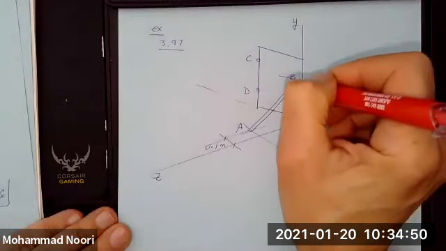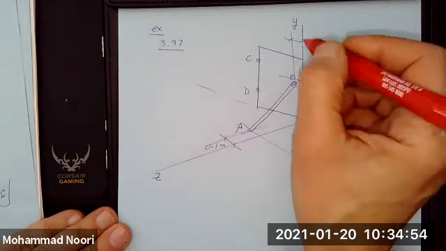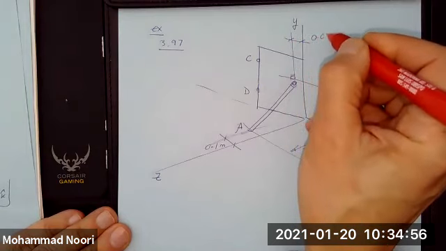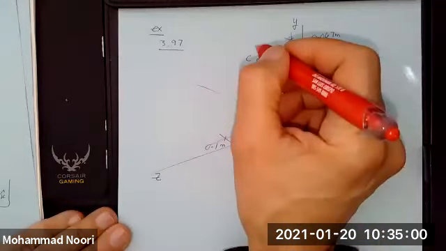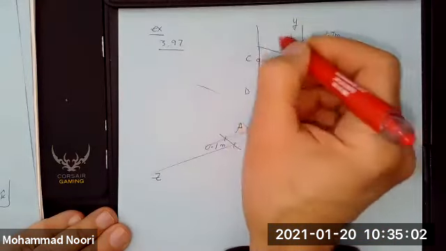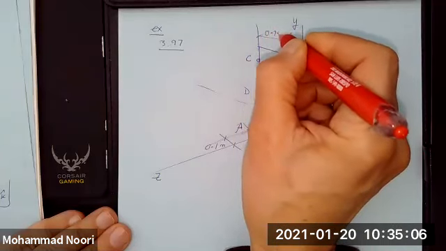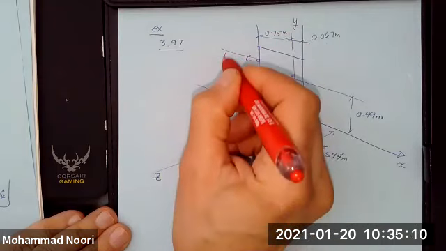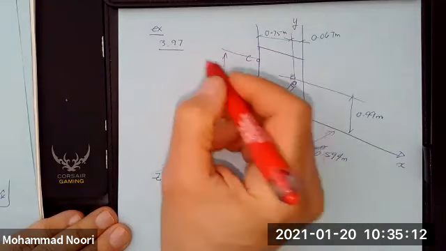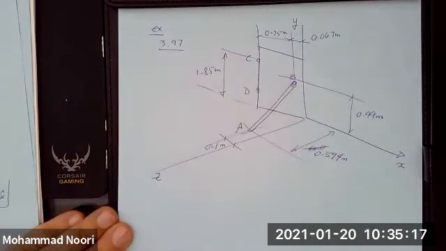And this doorknob is at a distance of 0.067 meter from the y-axis. And this hinge is at a distance of 0.75 meters. And it is located at a height of 1.85 meter from the ground.